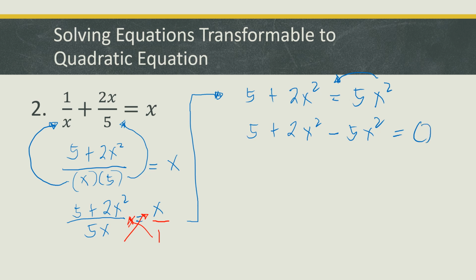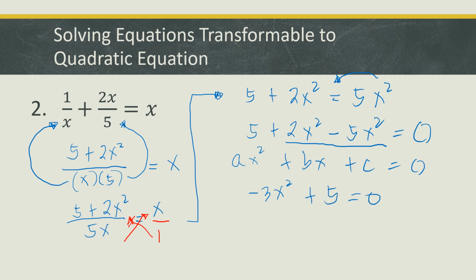That is the standard form of ax squared plus bx plus c equal to 0. So let us arrange by combining like terms first. Positive 2x squared minus 5x squared is negative 3x squared. Then plus 5 is equal to 0. This is now our quadratic equation.